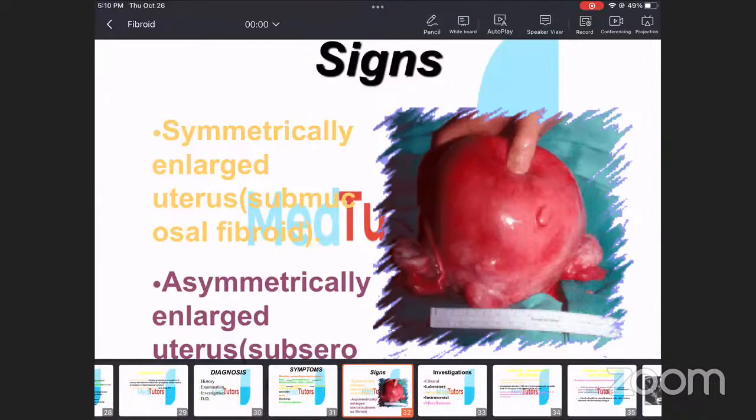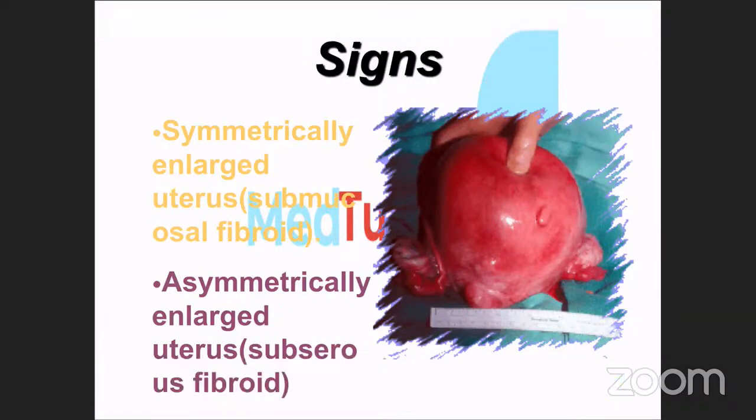Remember we talked about adenomyosis before. When the uterus is enlarged but symmetrical, it is either adenomyosis or a submucous fibroid. When you have an asymmetrically enlarged uterus, usually you have intramural and particularly multiple subserous fibroids. Next slide.